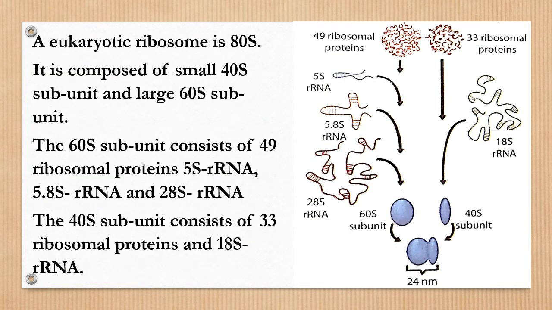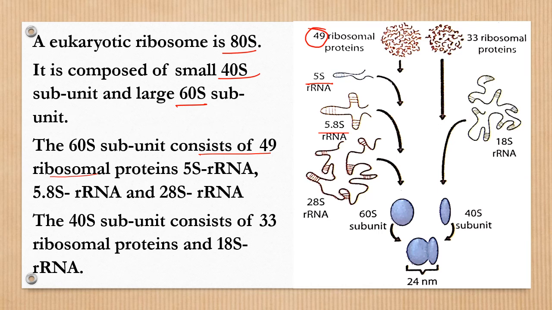Let's see, the eukaryotic ribosome is 80S, that means 80 into 10 to the power of minus 13 seconds. It is composed of small 40S and large 60S subunits. The 60S subunit consists of 49 ribosomal proteins, and also 5S RNA, 5.8S RNA, and 28S RNA.